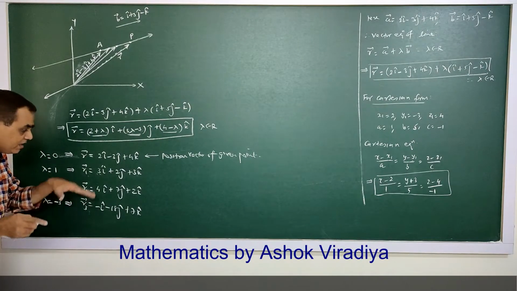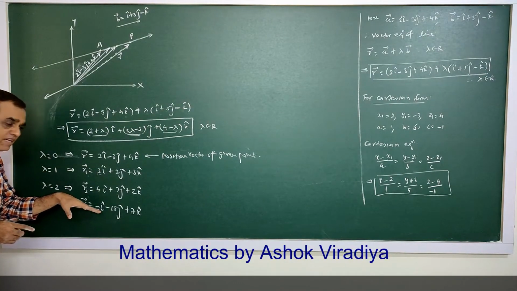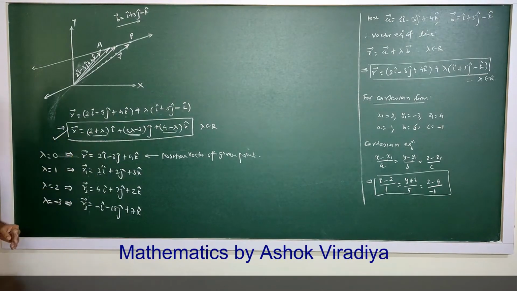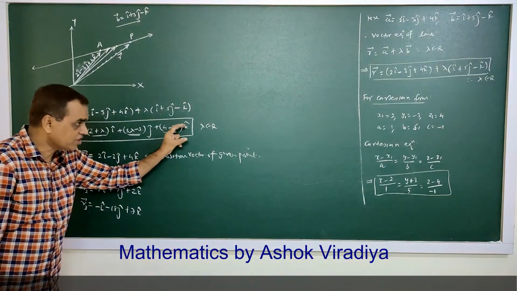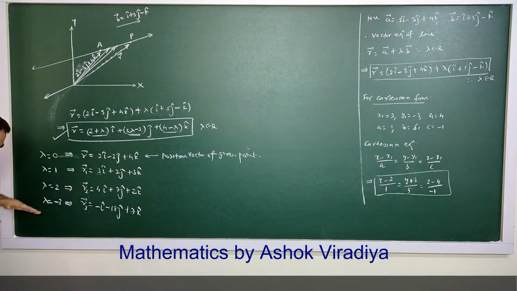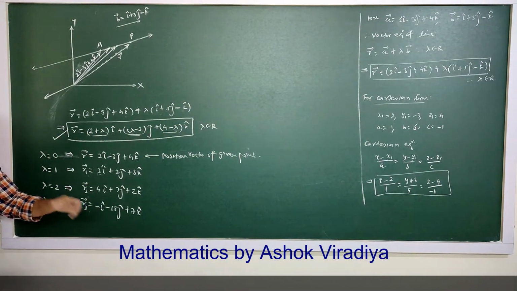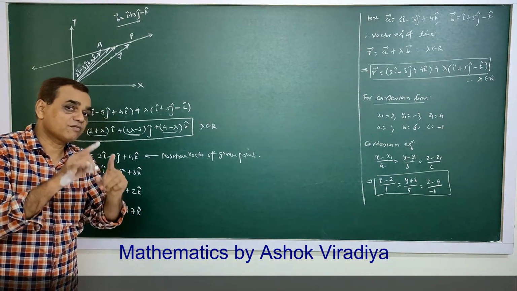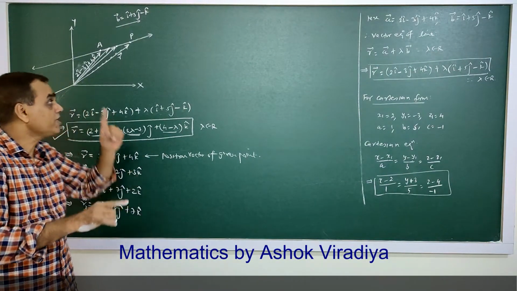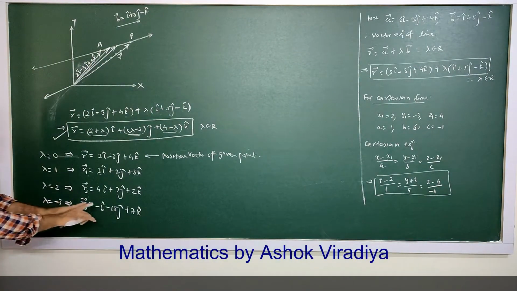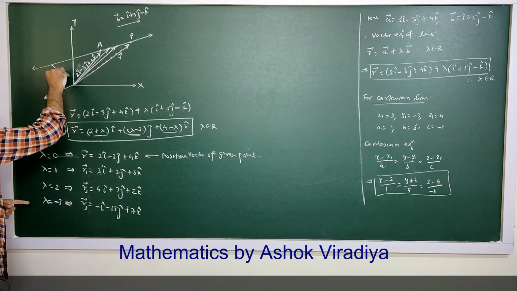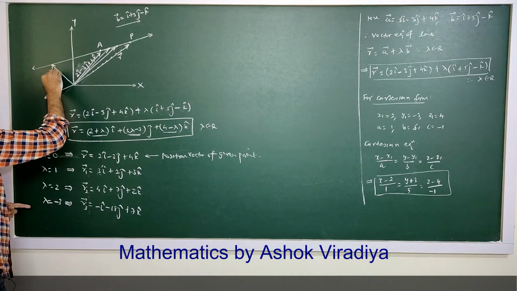But whatever vector you derive from this equation by changing the value of lambda, every time you will get position vectors of points which lie only on this line. So this can be the position vector of a point, it may be somewhere here. This can be vector R3.